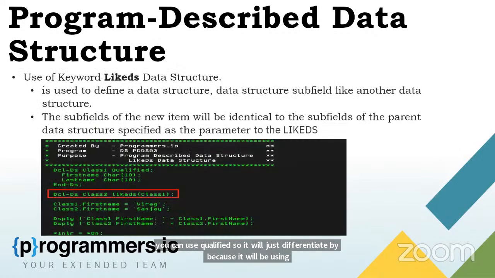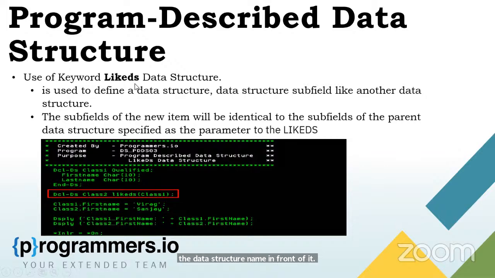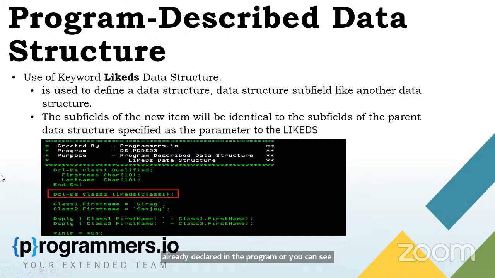Then we have another keyword, LIKEDS, which is used to create a data structure based on one already declared in the program, which will have subfields similar to the parent data structure. In the declaration part, you can see I have one data structure named class 1, which is qualified. That means we need to use class 1 dot first name.